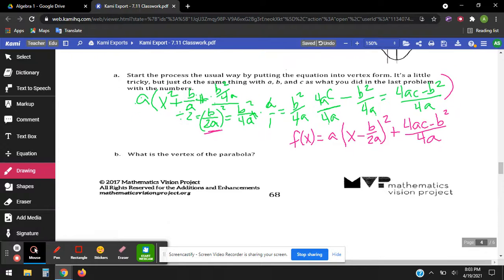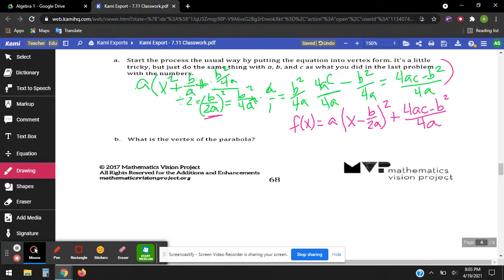So then the vertex of this parabola is my h. Oh, this was a positive, right? Because it was a positive, positive. Okay, positive. Which means my h is a negative. So negative b over 2a is my h.